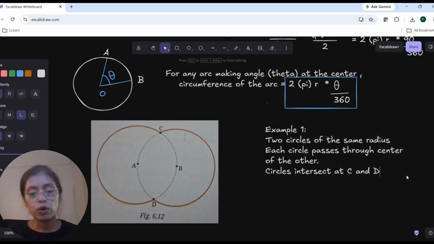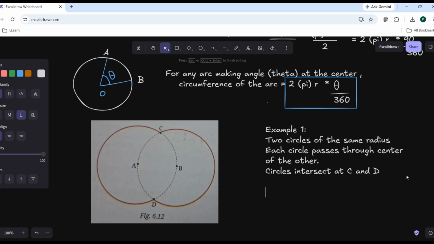Now what we are asked is we need to find out the perimeter of the red portion of what we have been shown here in this diagram. So this is between C to D, both sides.